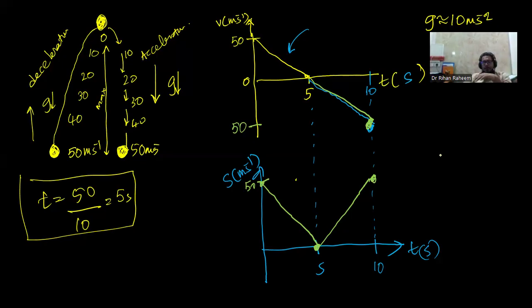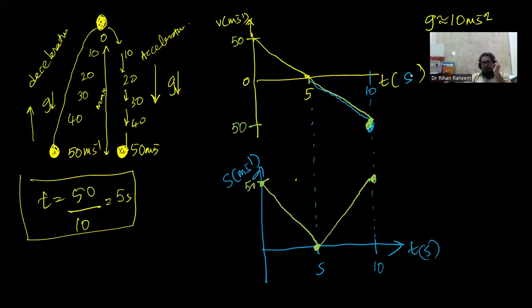If you do them separately, speed time and velocity time, you might get confused. That's why in one shot I have drawn both graphs. Why is it on the negative side? Because of the change in direction. We considered the upward journey as positive and the downward journey as negative. That's the only reason. It's not a minus 50 value. The minus is to show the change in direction, because for velocity, a specific direction should be mentioned.